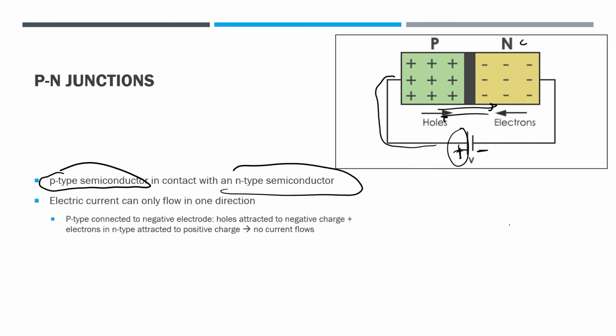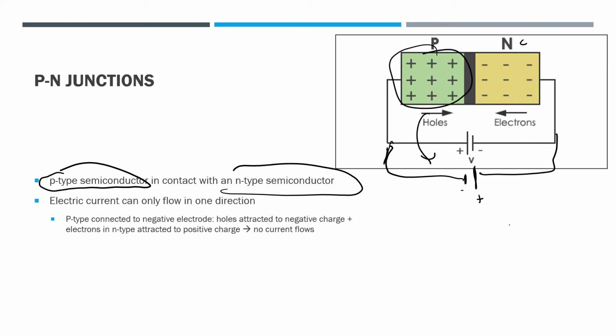But say we had put this the opposite way, with the negative electrode on this side and the positive electrode on the other side. What's going to happen? If the p-type is connected to the negative electrode, the holes are going to be attracted to the negative charge, and the electrons in the n-type are going to be attracted to the positive electrode.